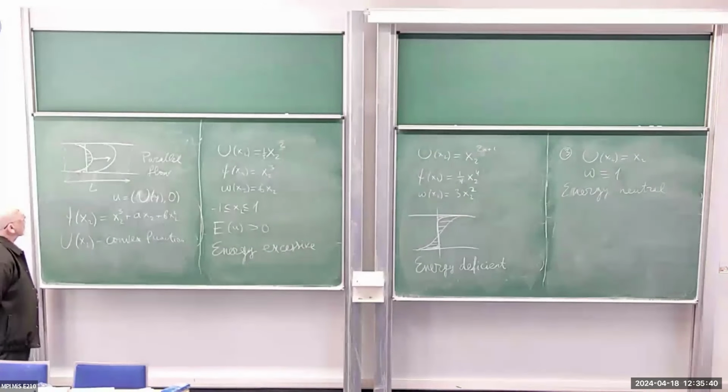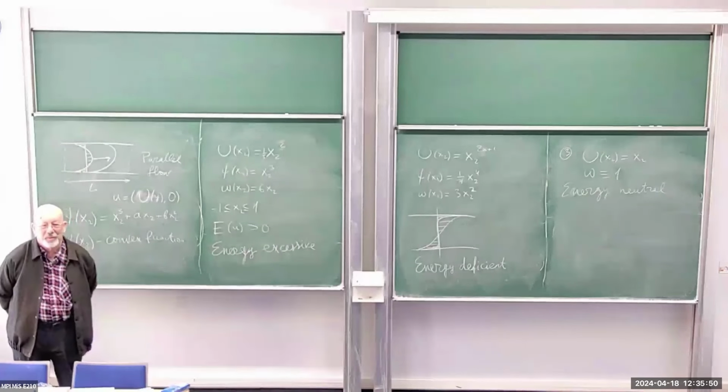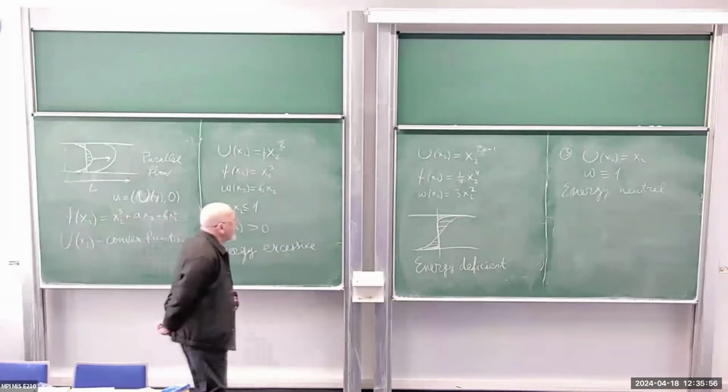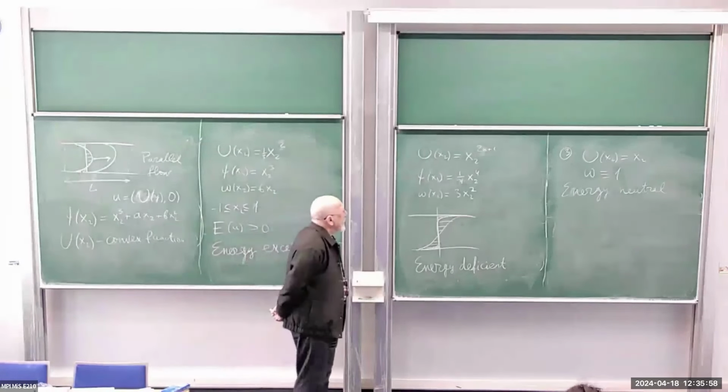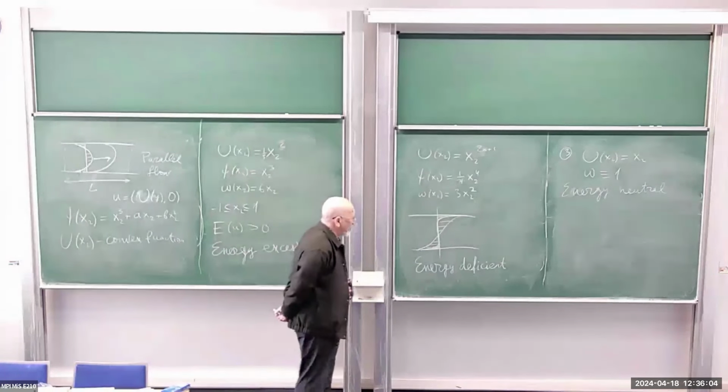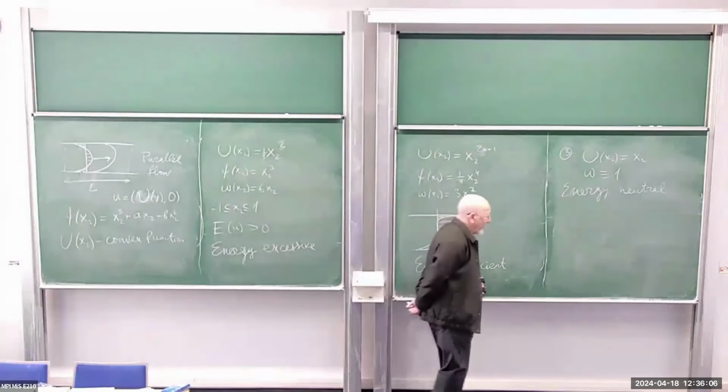Now these pictures are, I think, familiar to many of you because these are the classes of Arnold stable flows. Formally, the spectral stability of these flows was established much earlier by Rayleigh.